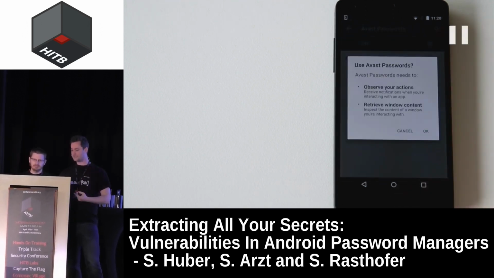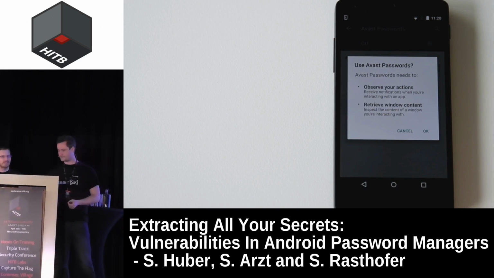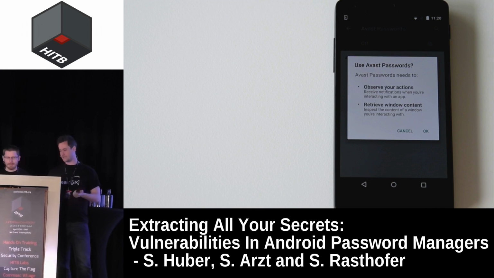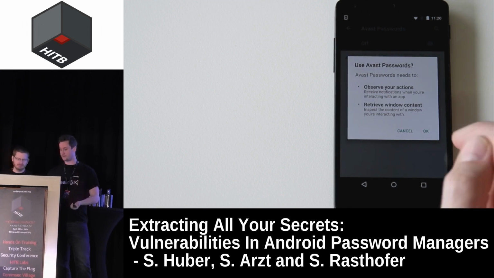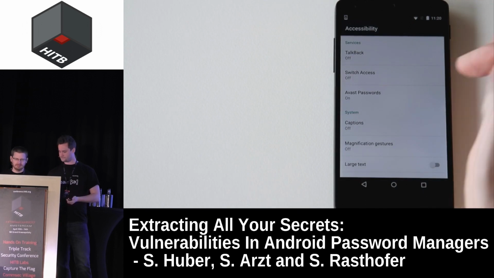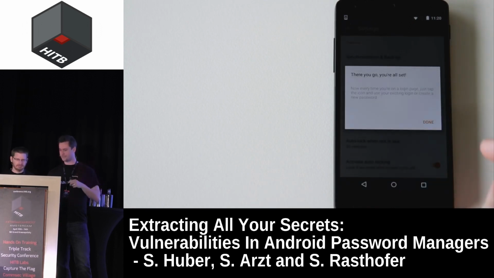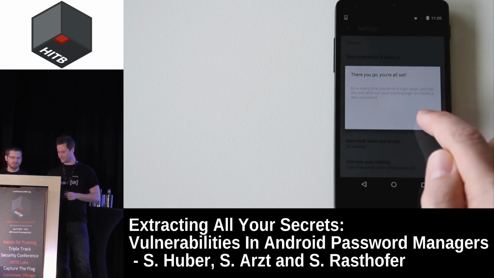Now you're enabling the accessibility service, and Android is saying, hey, are you sure? Because Avast wants to observe your actions and retrieve your window content. And the user says, yeah, obviously, because I would like to have this autofill feature. And he clicks on OK. Then we go back, and now it says, now you're good, and everything works perfectly.